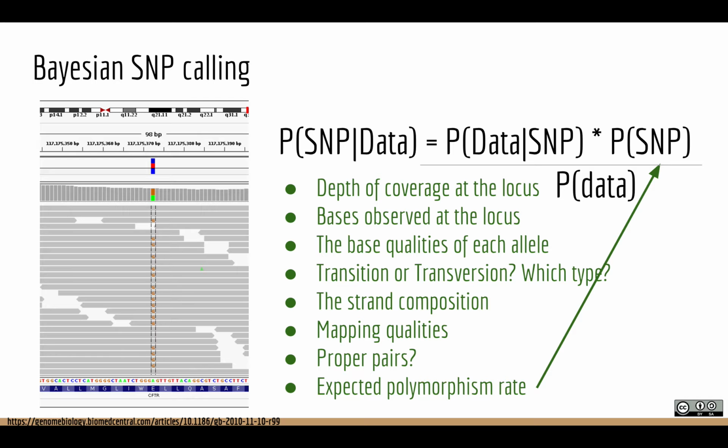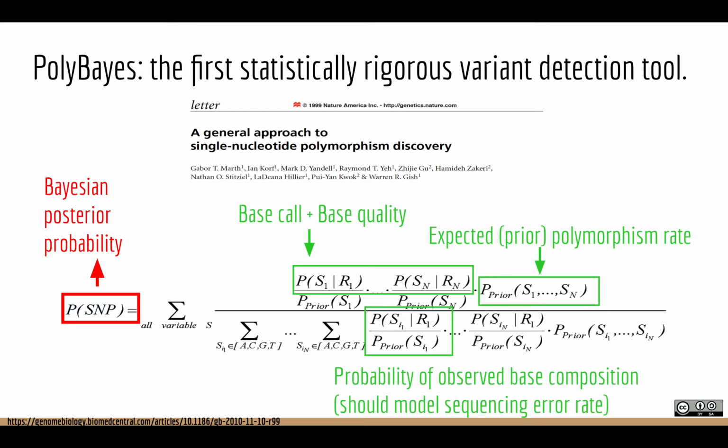I don't know, in bacteria, it's probably like 1 in 20 or something, 1 in 100. So we have to tune that prior to the organism. And actually, some of the best variant callers out there, you can actually set what the polymorphism rate is. And that gets baked into this equation when it's evaluating it. Okay. All right.